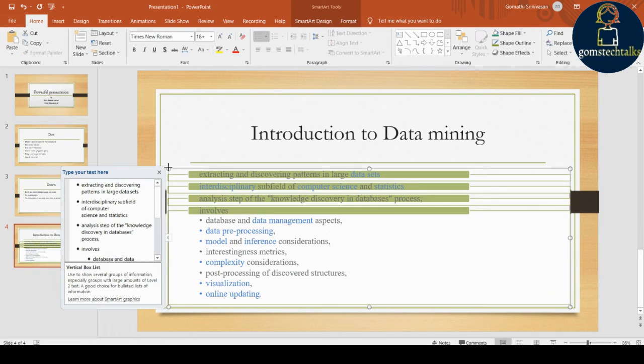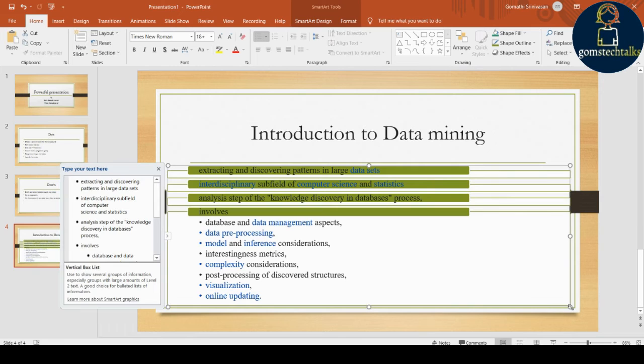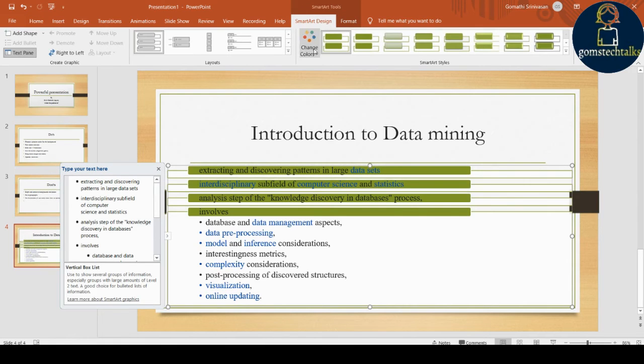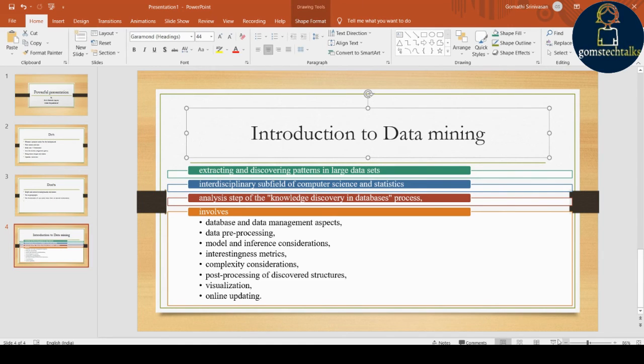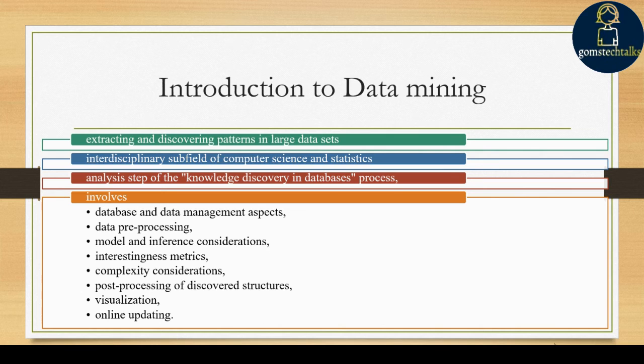If you want to change the colors of this word art, go to SmartArt Design in the menu bar, click Colors and change the colors. If you just view this on the screen, you can see that it is perfect.